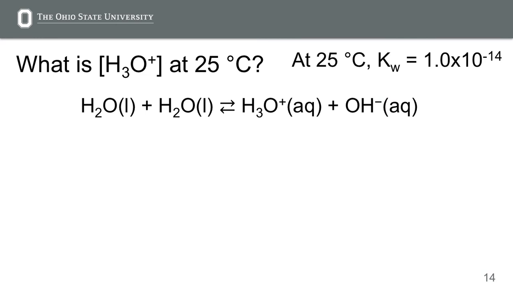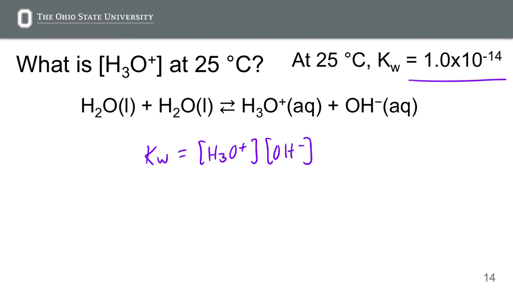So, given that we have our Kw equals the concentration of H3O+ times the concentration of OH-, we can find a value for this, and this value is temperature dependent. At 25 degrees Celsius, it's 1 times 10 to the minus 14.